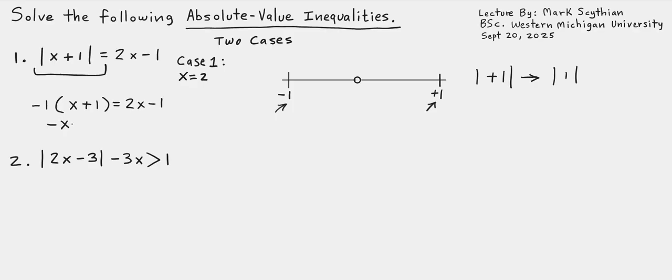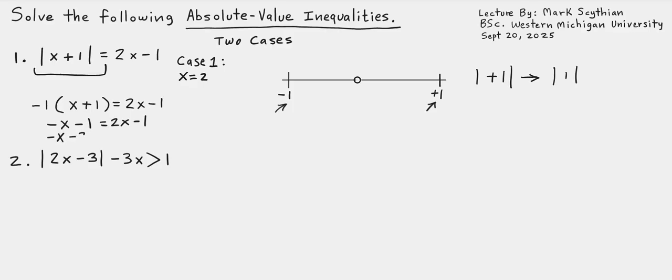Then negative 1 times positive 1 is negative 1. Then made equal to 2x minus 1. So we bring the positive 2x from the right side to the left side.